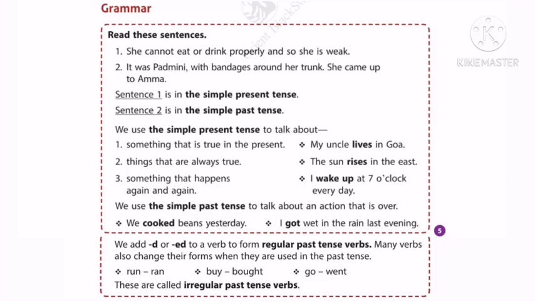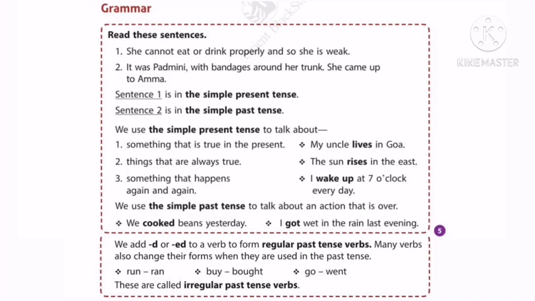In your textbook, page number 5, you can see the grammar section. Read these sentences. She cannot eat or drink properly and so she is weak. Second sentence. It was Padmini with bandages around her trunk. She came up to Amma. Here, sentence 1 is in the simple present tense.